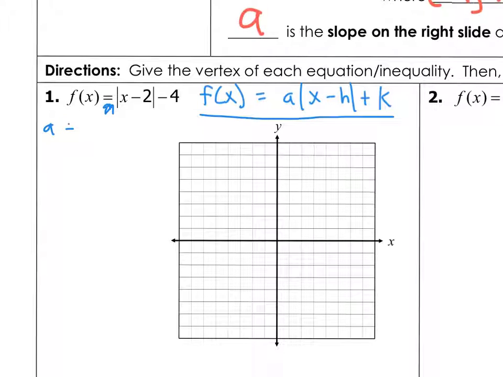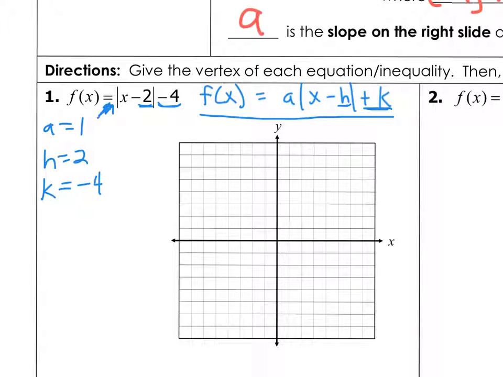Okay, so we don't have to worry too much about A because we don't have a stretch or compression. One just leaves it alone. Okay, so we have an H. Notice the H is going to be 2. Okay, so H equals 2. K, we have a positive K here, but this is a negative 4, so our K is actually equal to negative 4.